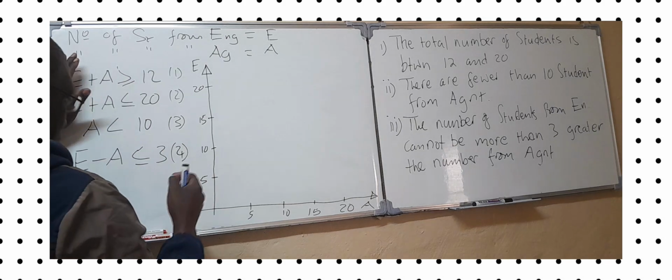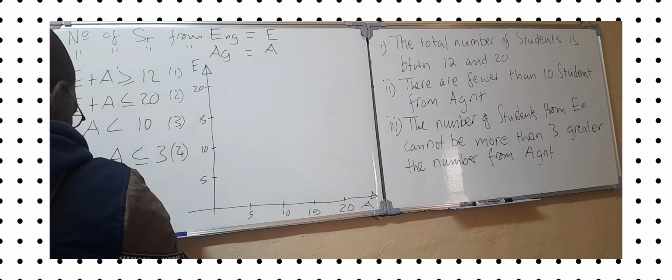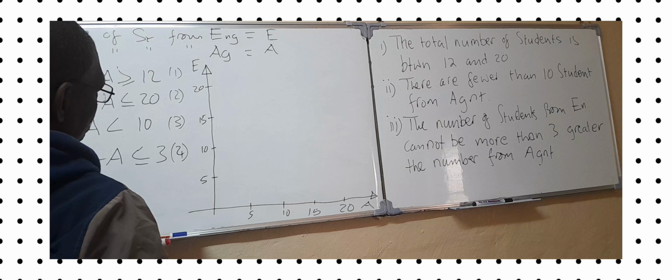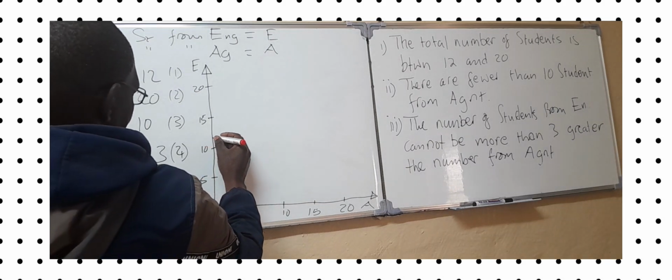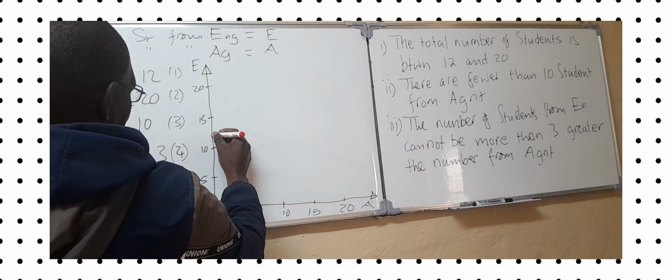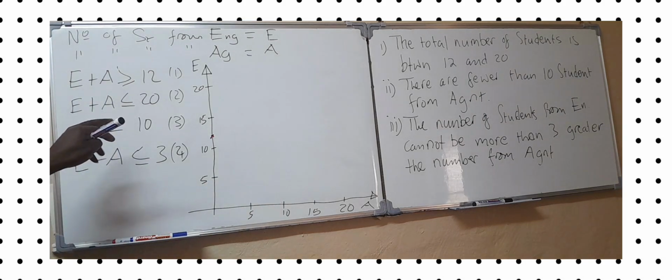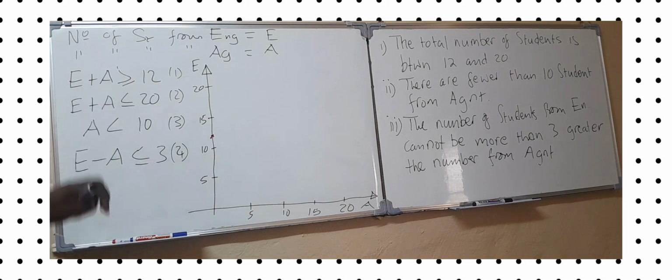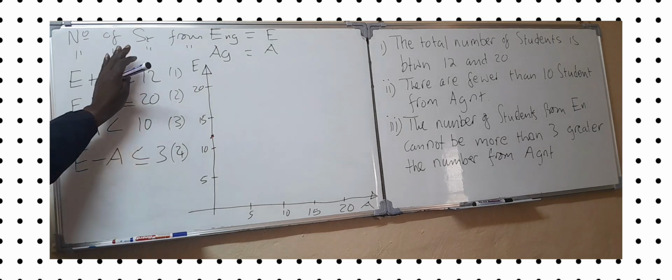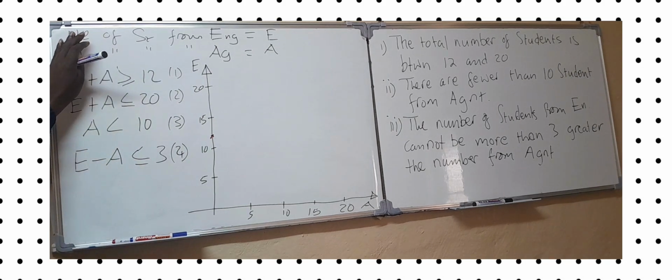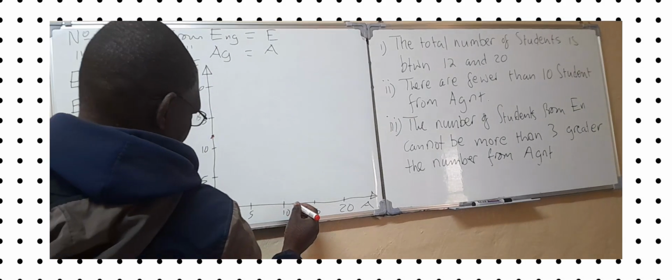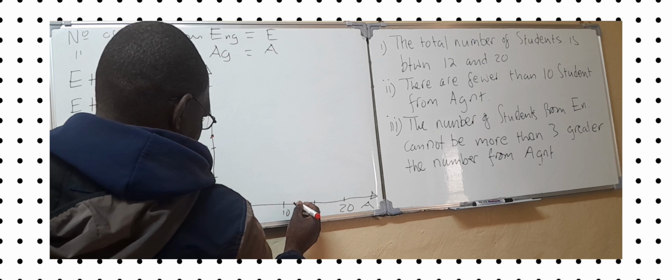A will obviously be 12, somewhere here. Let me plot it in red. So it will be 12. Where is my 12? So my 12 is somewhere there. When A is 0, E is 12. When E is 0, what is A? A is also 12. There.